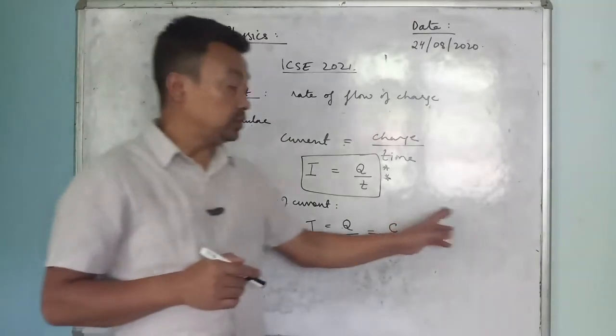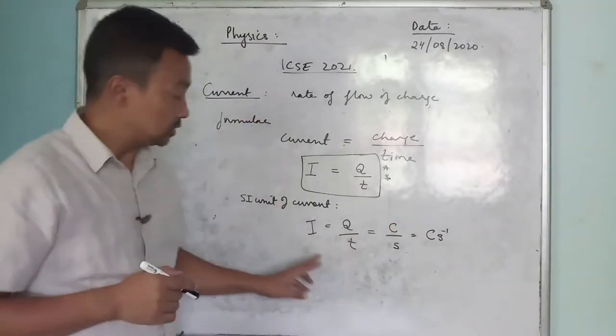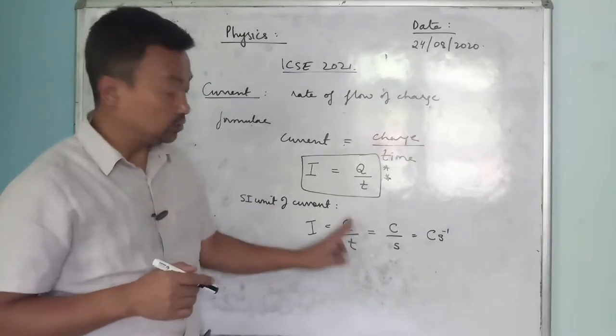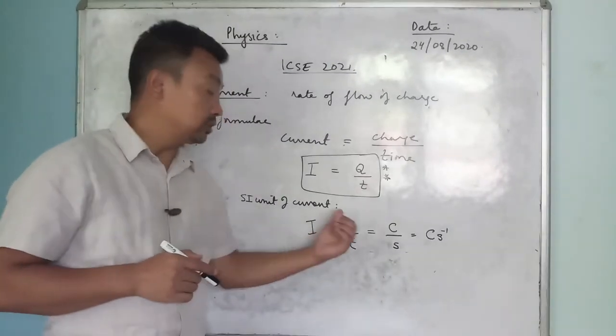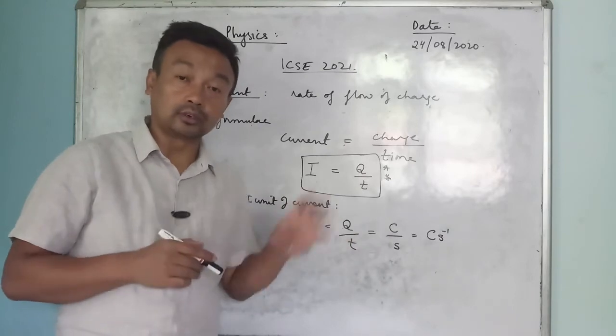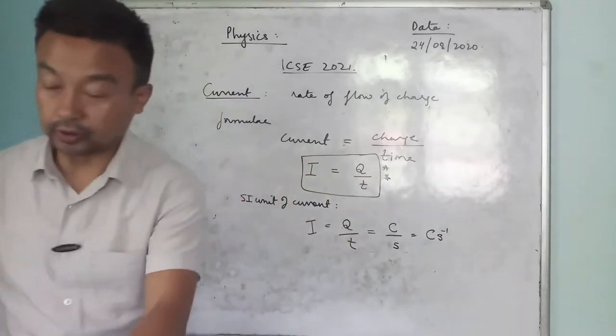But this unit is named after the scientist who studied the relation between the charges flowing in a conductor, and the name of the person is Ampere.